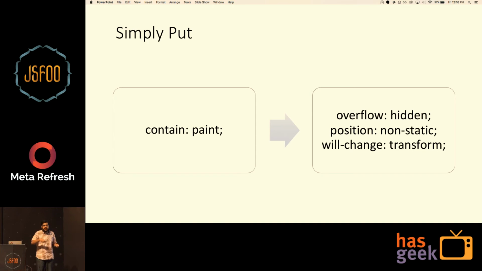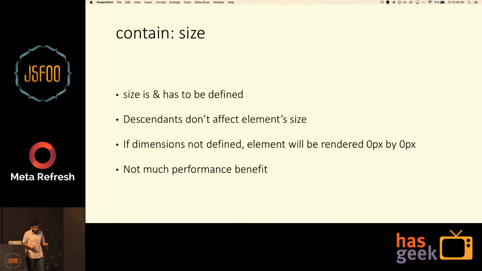If there is a closer ancestor with contain: paint, they will be positioned relative to that ancestor. So it becomes a containing block. It becomes a new stacking context as well. z-index works only for elements which are not position static. So now if it is contain: paint, z-index will also work.